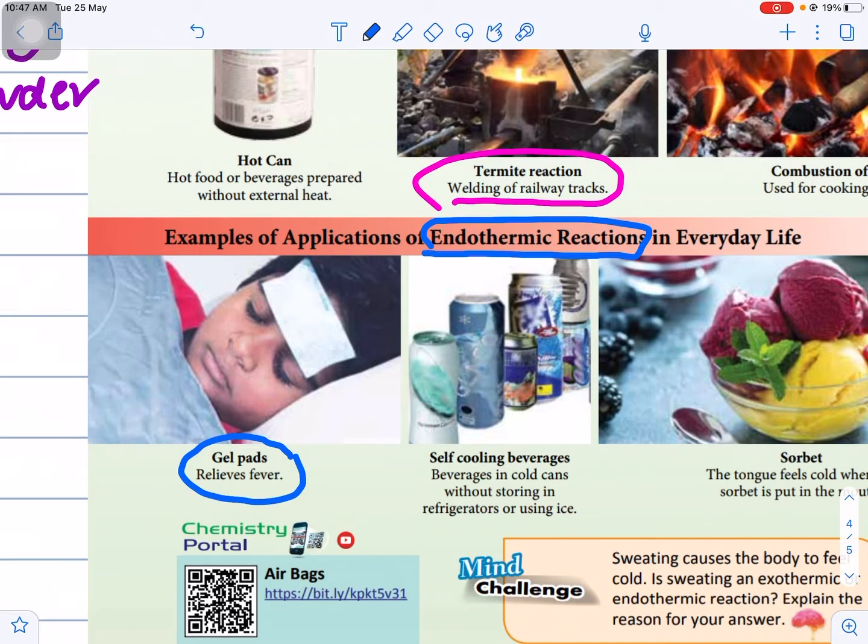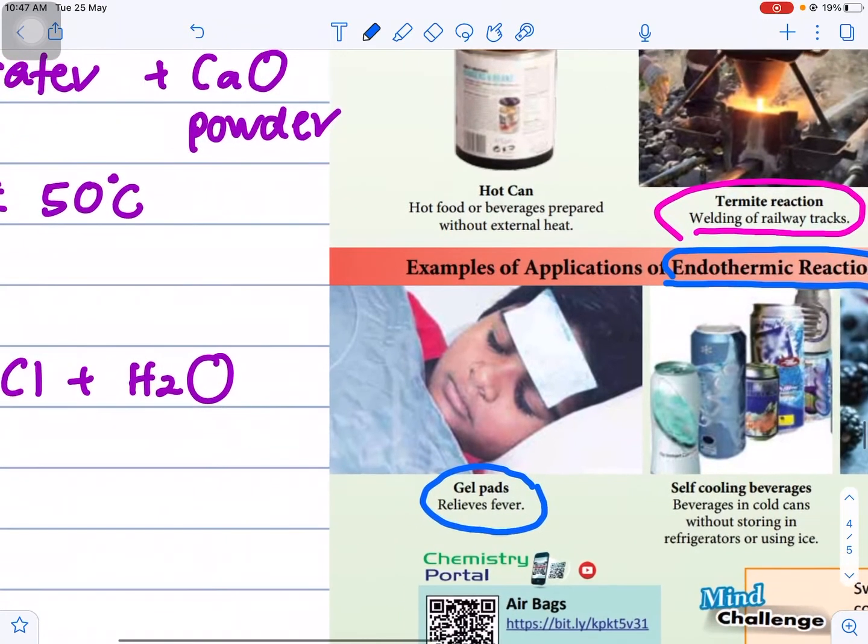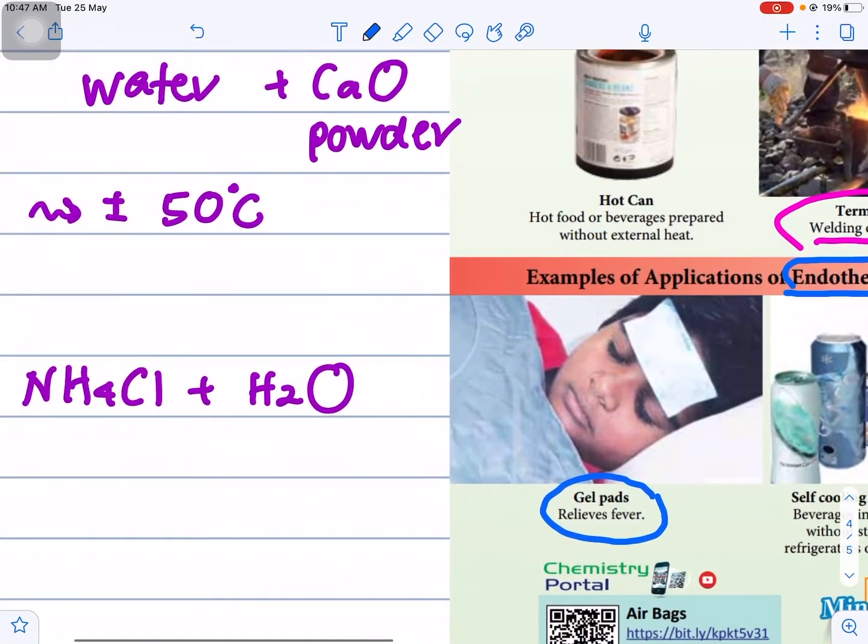So what do we have in the gel pad? In the gel pad, we also have a few very thin layers. Inside the layers, we have ammonium chloride and also water.